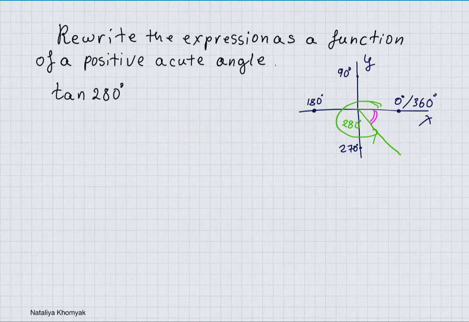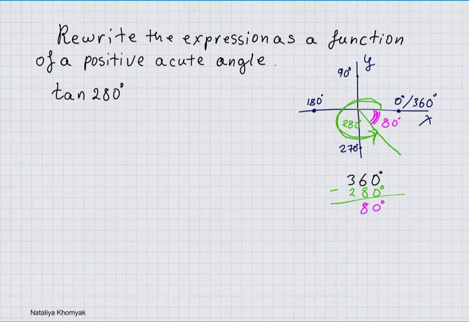So if this is 280 degrees and the whole circle is 360 degrees, the best way of finding this would be to take 360 degrees minus 280 degrees. We get 80 degrees.